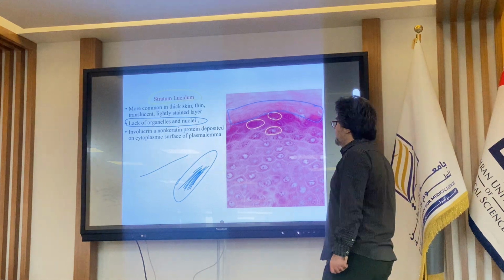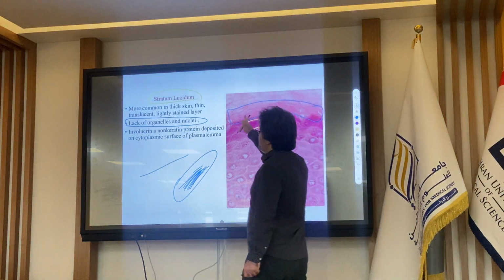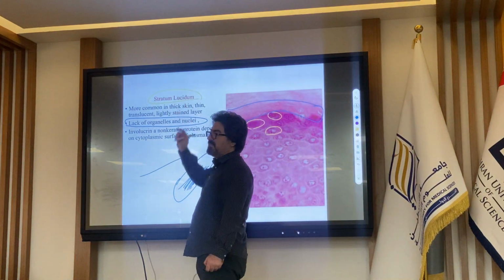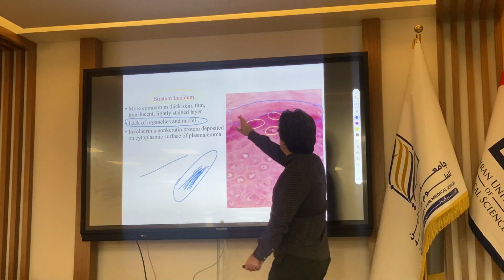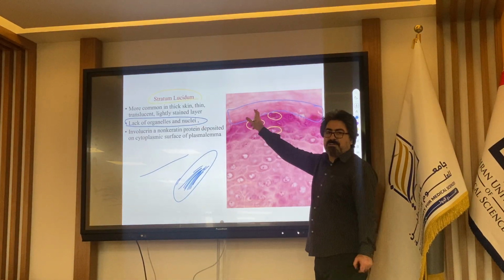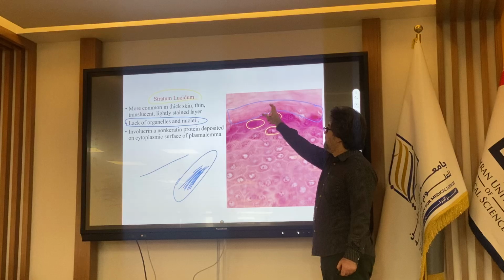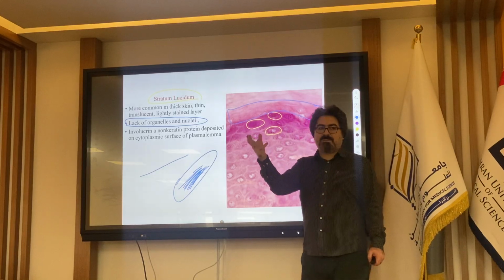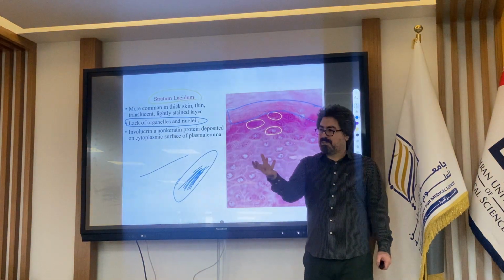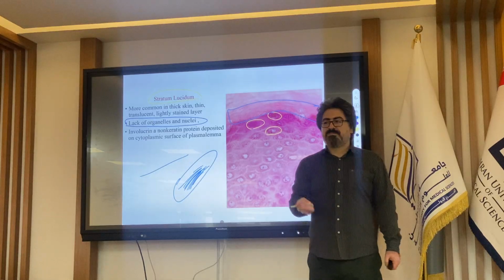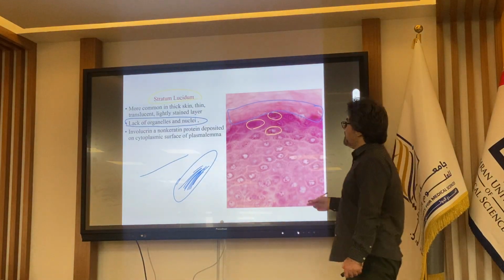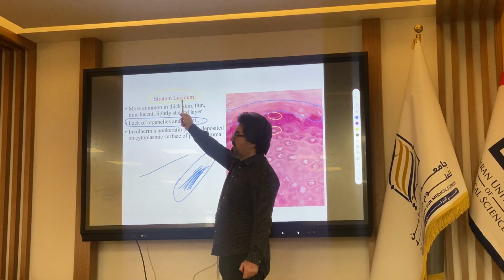And the cells are transparent. So this is known as the stratum lucidum because the cells here are transparent. What's the meaning of transparent in Arabic? Shafaf. Lucidum means transparent. Shafaf.